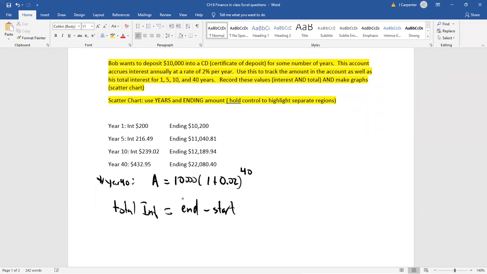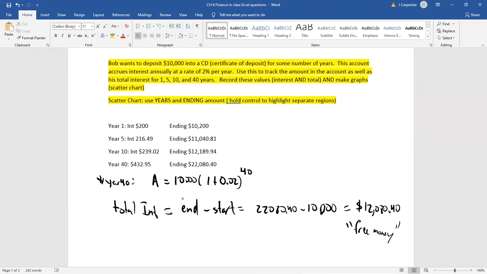And I mean the actual end, the last year's end. So that would be $22,080.40 minus $10,000, which would be $12,080.40. That's what I like to call free money.